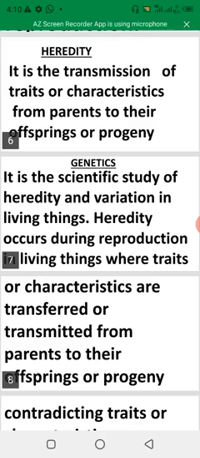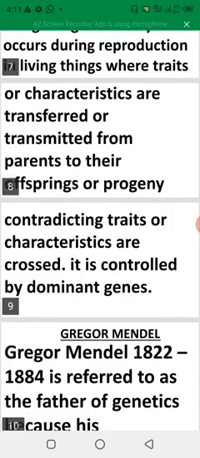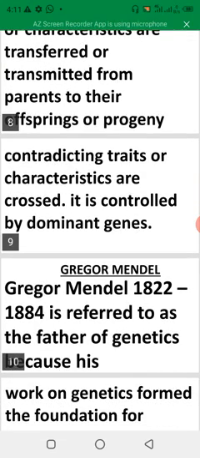Heredity occurs during reproduction, when traits or characters are transferred from parents to the offspring or progeny. Another name for progeny is offspring. So those traits are being controlled by what we call dominant genes.